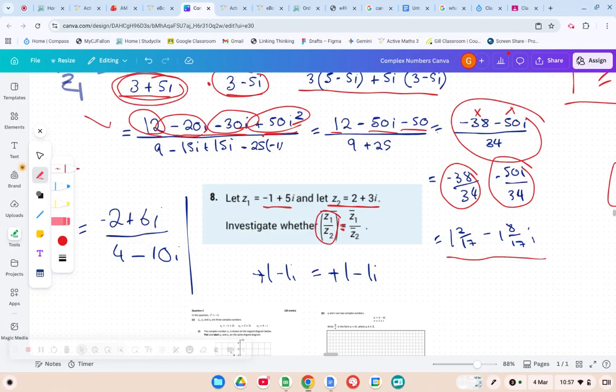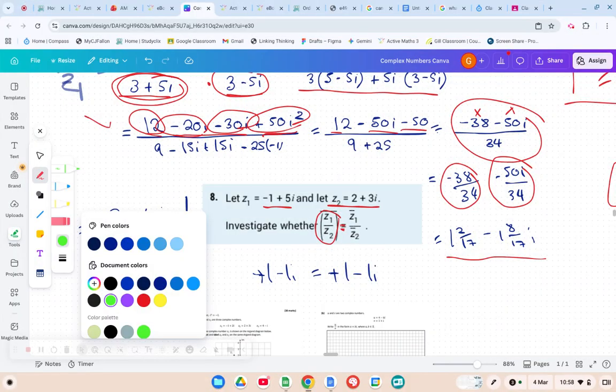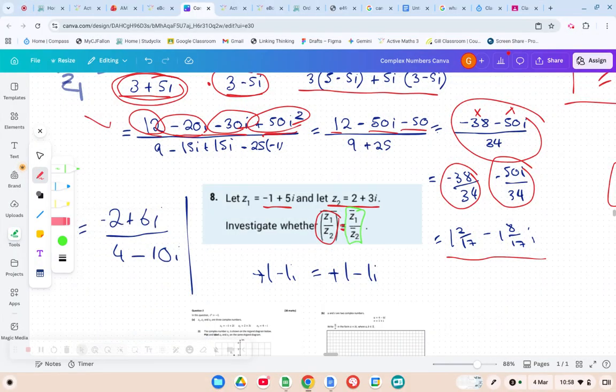Get the conjugate of Z1 over the conjugate of Z2. So I'm just going to take this bit here. We're going to do it in green. What should this look like? This should look like minus 1 minus 5i over 2 minus 3i. That's the conjugate of Z1. That's the conjugate of Z2.